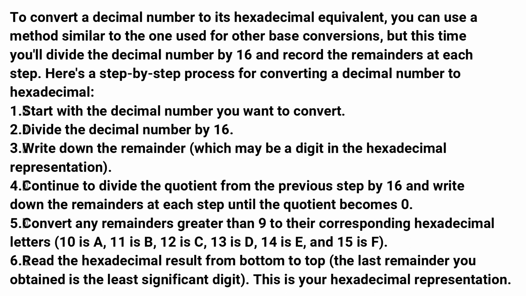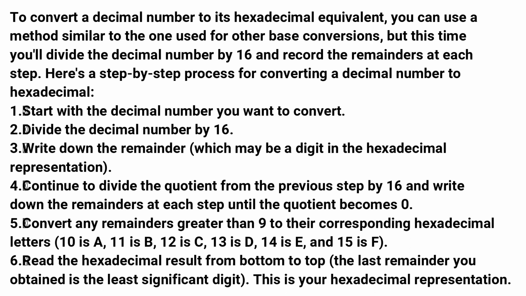1. Start with the decimal number you want to convert. 2. Divide the decimal number by 16. 3. Write down the remainder, which may be a digit in the hexadecimal representation. 4. Continue to divide the quotient from the previous step by 16 and write down the remainders at each step until the quotient becomes 0. 5.